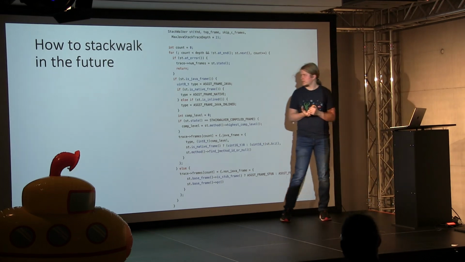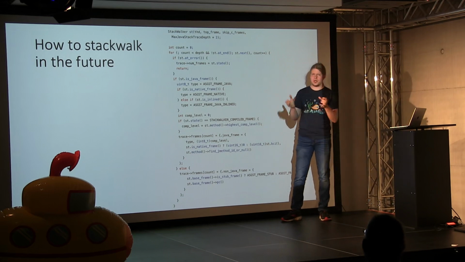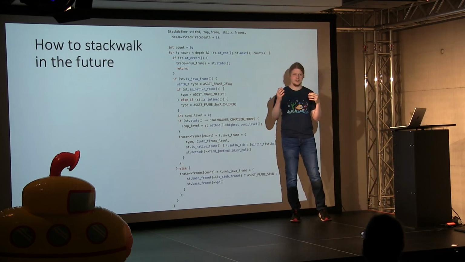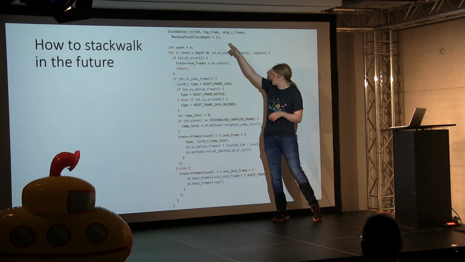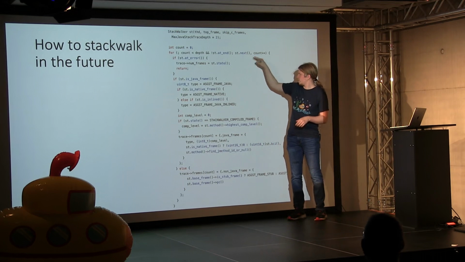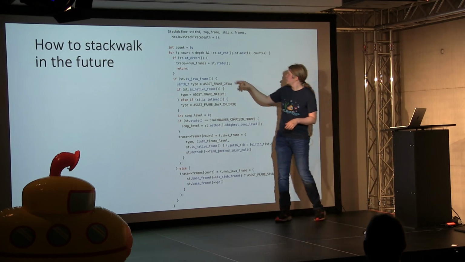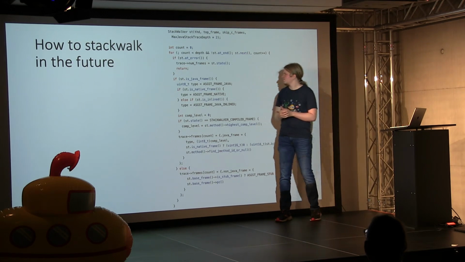So what I started to create was a stack walker API that can be used for both. It's a simple API: you give it some basic information, and then it's just an iterator. You iterate over all the frames, and in the beginning you can say, should we skip C frames? If not, it gives you C frames.